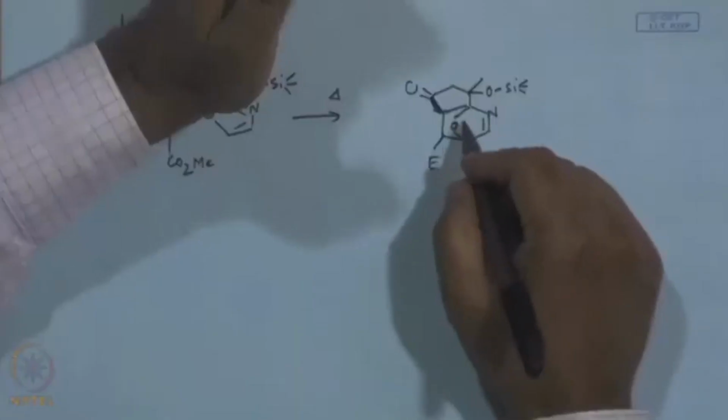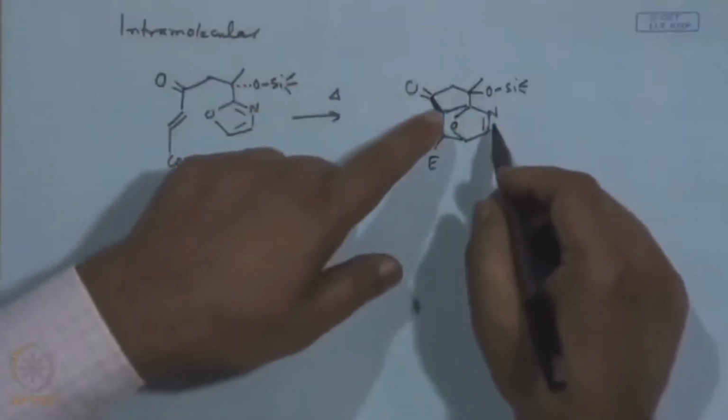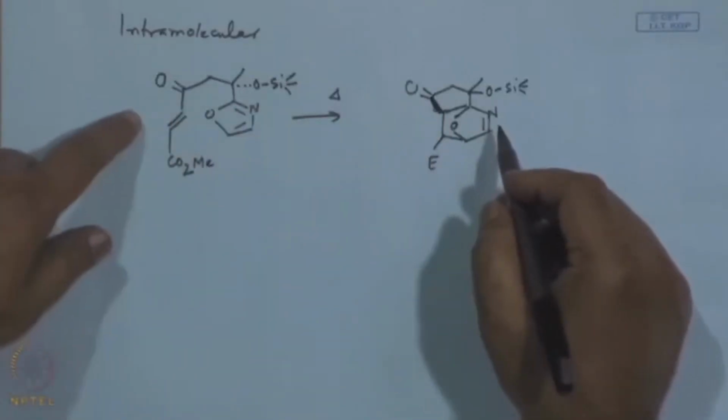You have to have a 6-membered ring and a double bond or multiple bond, triple bond. So, I see a 6-membered ring and it contains a double bond. If you see the Diels-Alder reactions, that means a retro Diels-Alder is possible, but it will go back to the starting material. No new product would come.